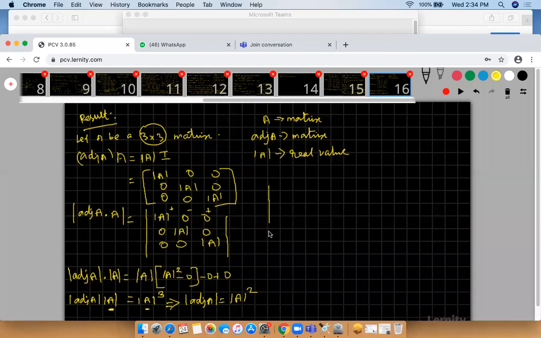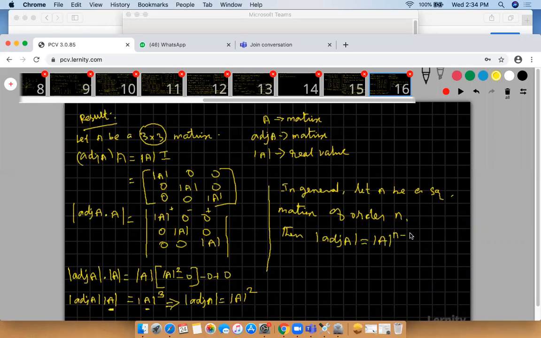So therefore, in general, let A be a square matrix of order n, then my determinant of adjoint of A is equal to determinant of A power n minus 1. Okay, so this is the general formula.